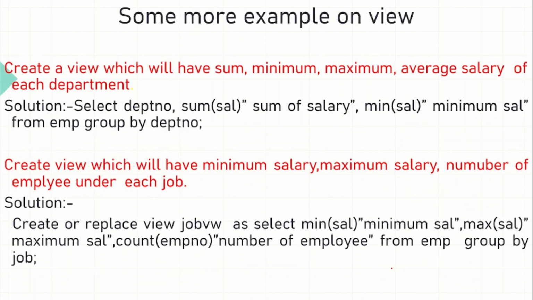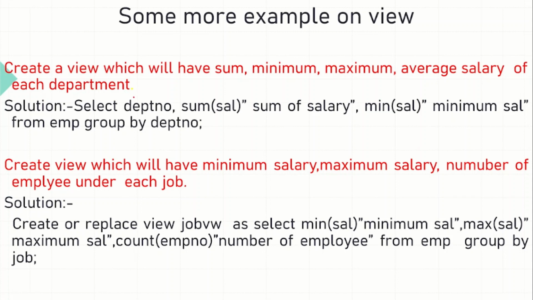Now these are some more complex queries based on which you can create a complex view. Create a view which will have the minimum, maximum, and average salary of each department.